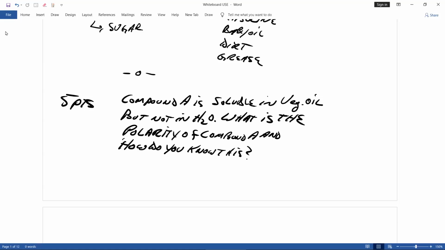All right, can everybody see? 5 points. Compound A is soluble. Thumbs up, people. Let me know. Thank you. Compound A is soluble in vegetable oil, but not soluble in water. What is the polarity of compound A? And the important thing is, how do you know it is this? Your turn. You try and figure it out. Remember, like dissolves like.